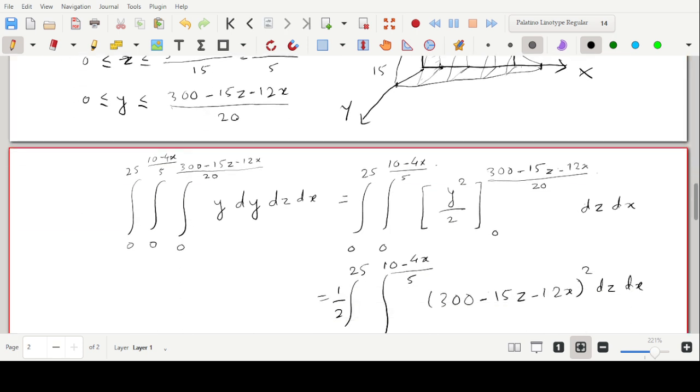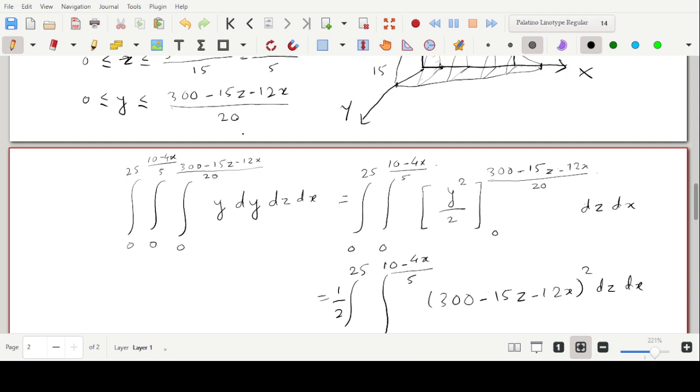That means what we did here was we integrated with respect to y first, which probably gave a little bit of trouble to us, because that introduced a square term, and then we had to deal with all square terms afterward.